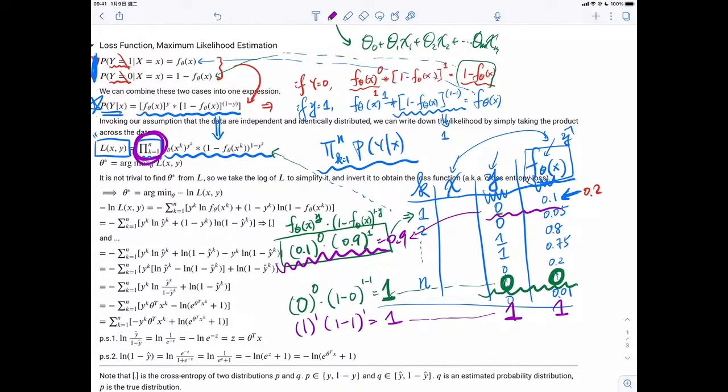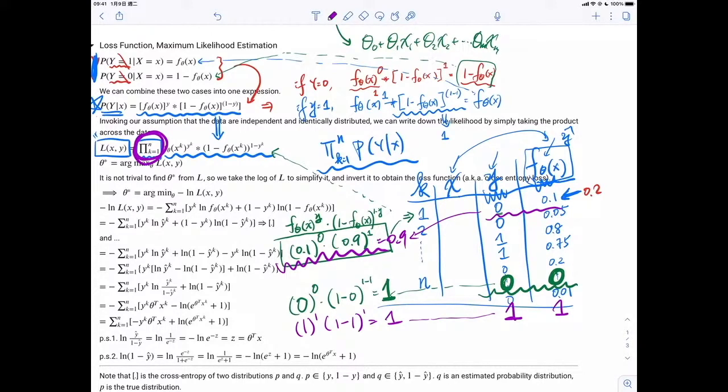If these two values, y and y hat, are both 0, the result will be 1, right? The green one. If the y hat and y are both 1, which is the purple one, the result magically is still 1. So basically, when you evaluate a data set with n data points, you simply multiply among all those n data.